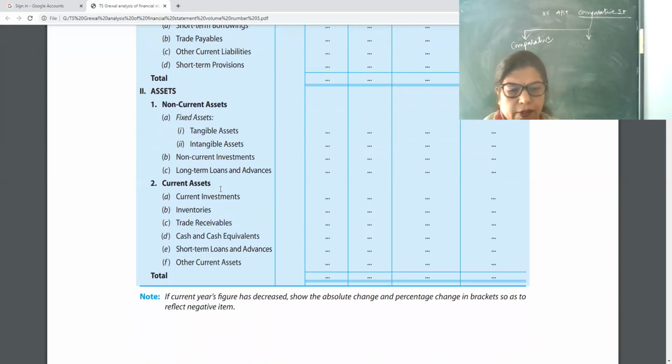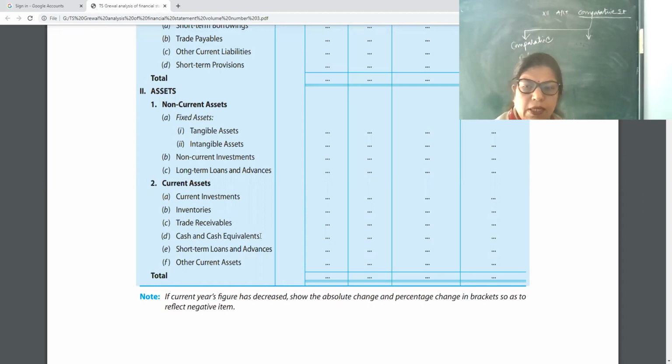Now current assets. Current assets are classified in six parts. Current investments, investments for up to one year, inventories, which is stock, trade receivables, meaning debtors and bills receivable, cash and cash equivalents. I already explained this in the chapter on cash flow statement.